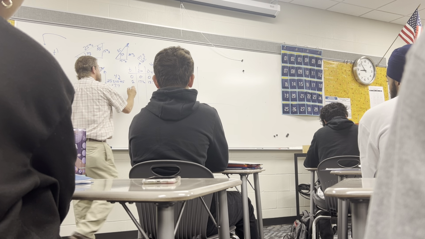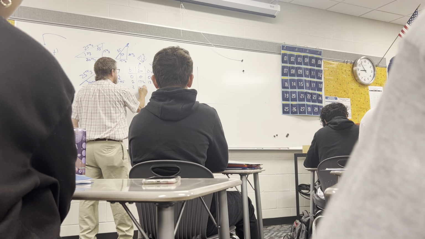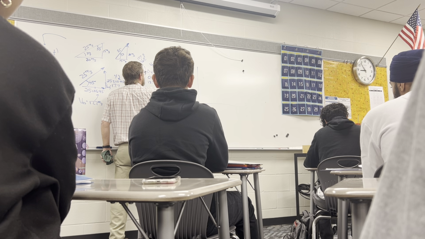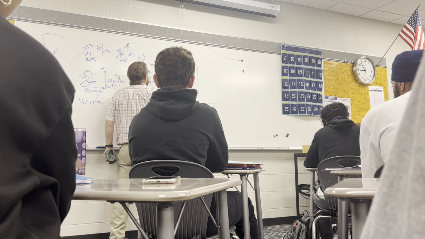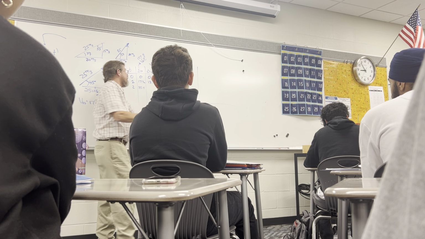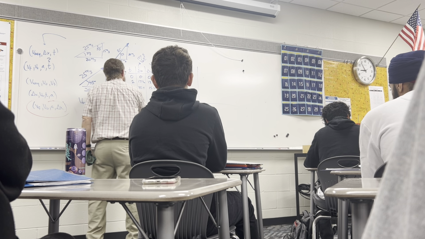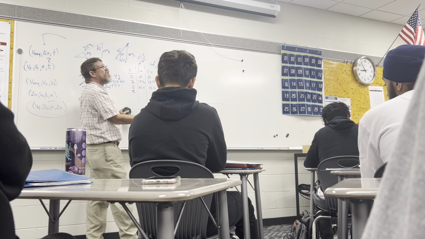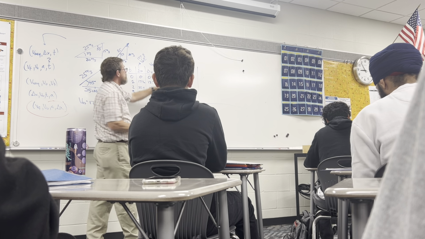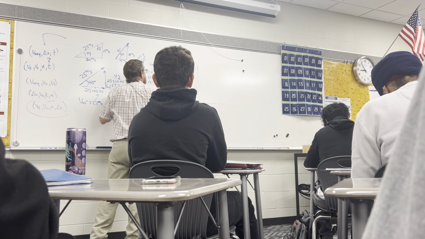2 times 17.7 is 35.4. Vertically, 17.7 times 2 minus 5 times 2 squared: 35.4 minus 20, 15.4. 3 times 17.7 is 52.1. 52.1 minus 5 times 3 squared.